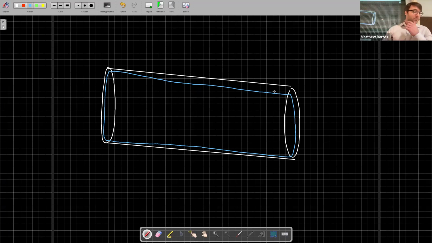I want your help. So what are the forces acting on the fluid in the pipe? I want at least three. Let me draw this line a little better here. What are some of the forces acting on the fluid in the pipe? Yes, so there will be a normal force acting from the pipe wall on the fluid.